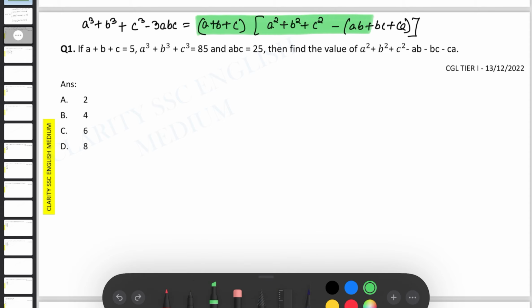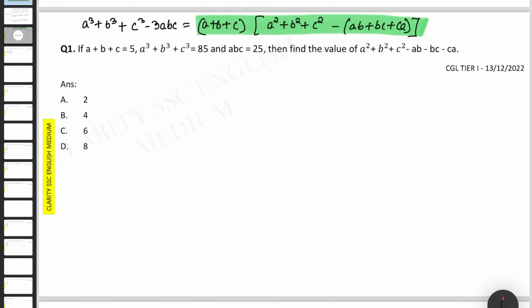We're going to apply this formula here. Let's see. What's the formula? a cube plus b cube plus c cube minus 3abc is equal to a plus b plus c, a square plus b square plus c square minus ab plus bc plus ca.